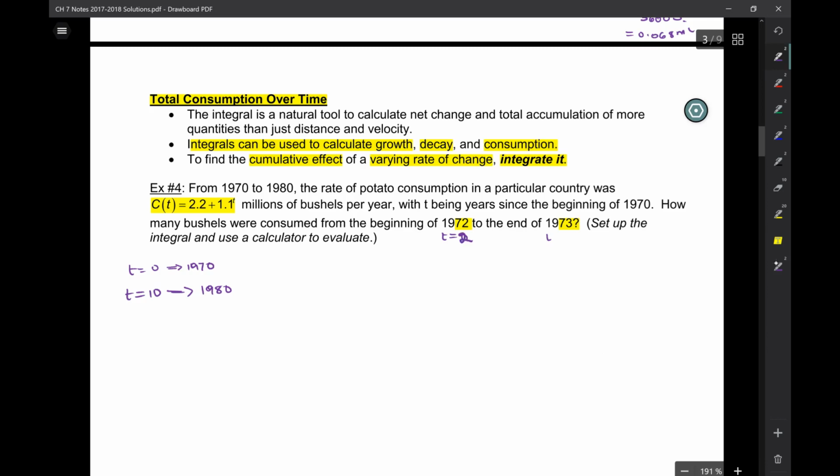So I'm sorry, this is t equals 2, and here t equals 4. So we're going to integrate from 2 to 4 of the rate, and we don't know how to integrate that, right? Because we didn't cover it. So you're going to put it in your calculator, and you're going to get 7.066 millions of bushels.